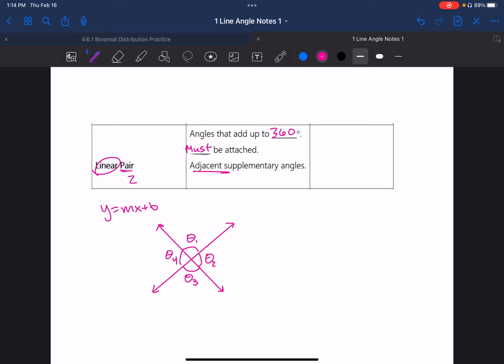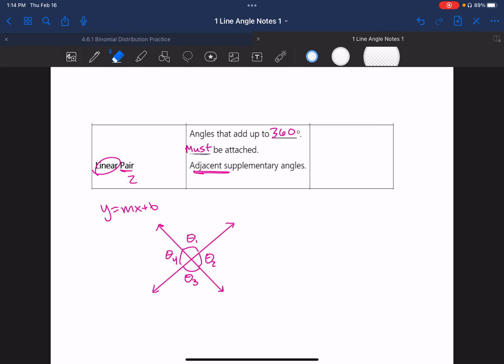So they tell us that adjacent angles are supplementary. So that means any angles that are touching. So when I look at this, theta 1 and theta 2 are supplementary. Theta 4 and theta 1 are supplementary. Theta 4 and theta 3 are supplementary. And 2 and 3 are supplementary.